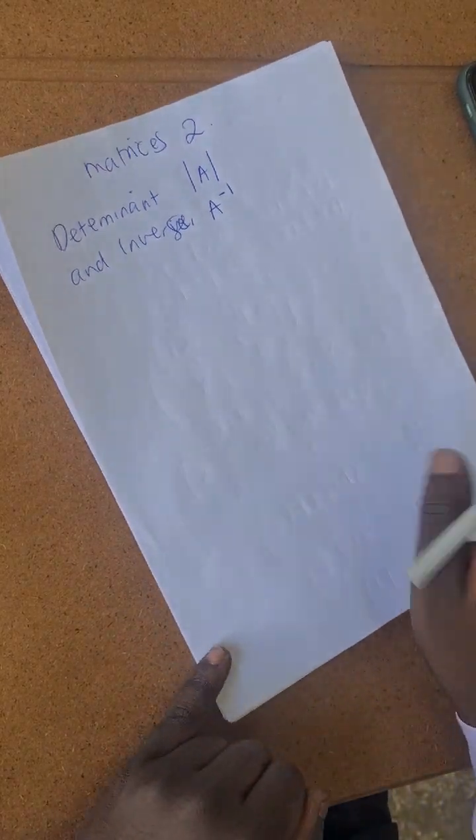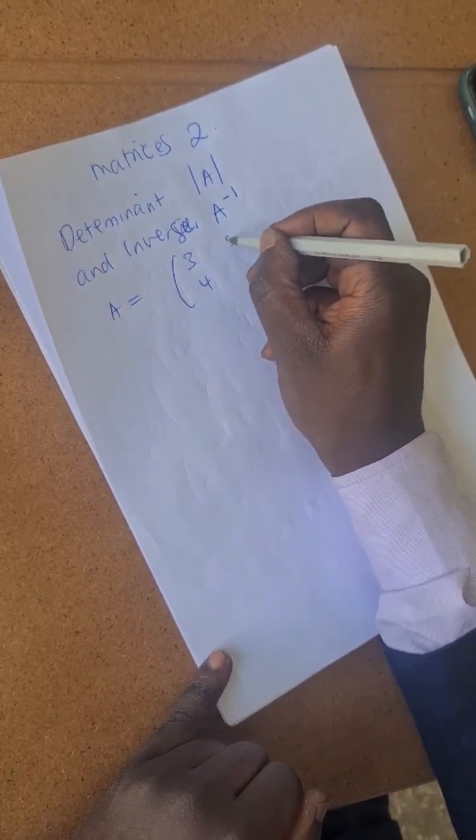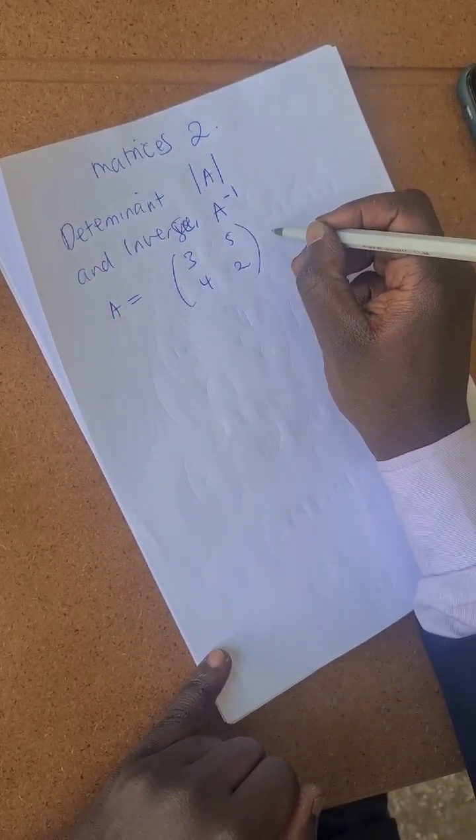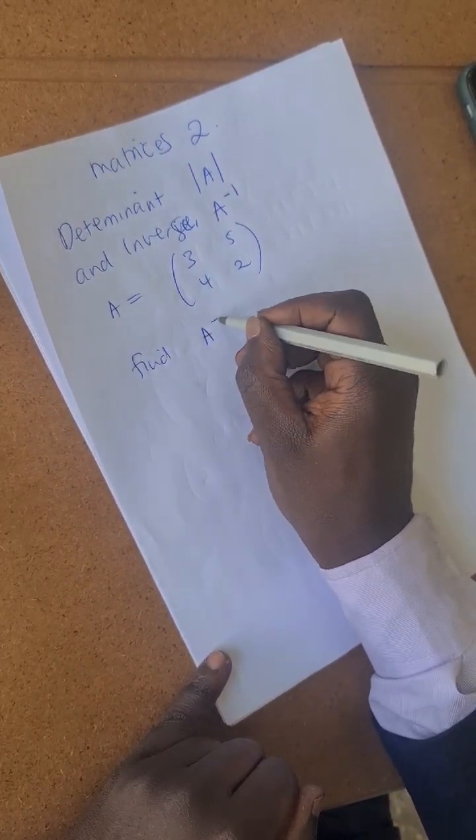Okay, so let's say we have A is equals to 3, 4, 5, and 2, and the question says find A inverse.